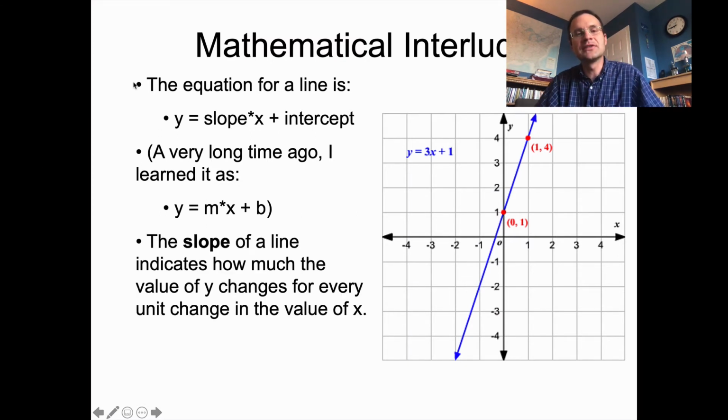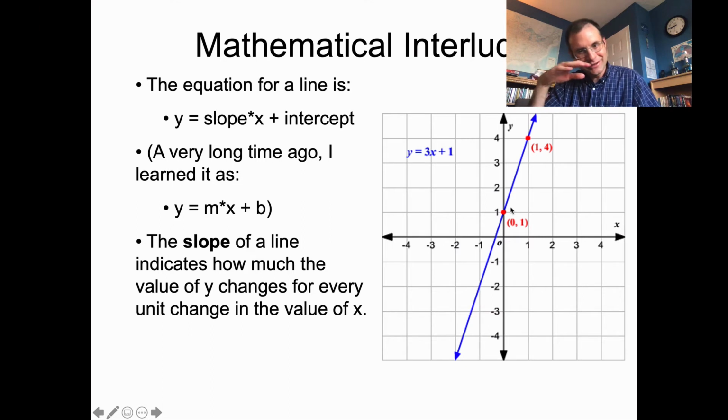The basic idea is that the slope of a line indicates how much the value of y changes for every unit change in the value of x. When I learned this in high school algebra class, they talked about this representing the rise over the run. Normally when you plot y and x in a two-dimensional graph, you have x on the horizontal axis and y on the vertical axis.